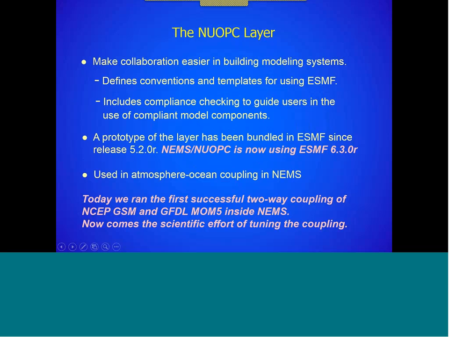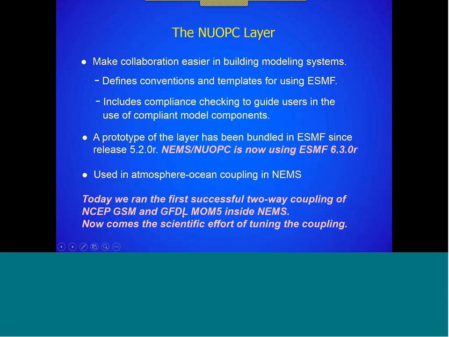Right now, we're using ESMF 6.3.0R with the NOAA code that's in that version. We're using it in the atmosphere-ocean coupling in NEMS, and as Balaji mentioned, just today, we finally got the two-way coupling of the GSM and MAPP working. Both the fluxes are moving back and forth. They're running in concurrent mode.